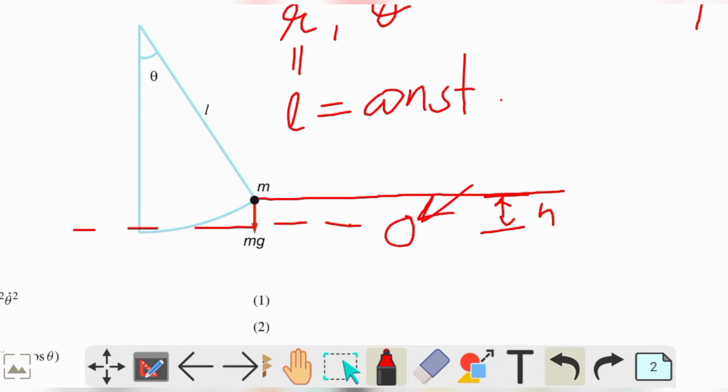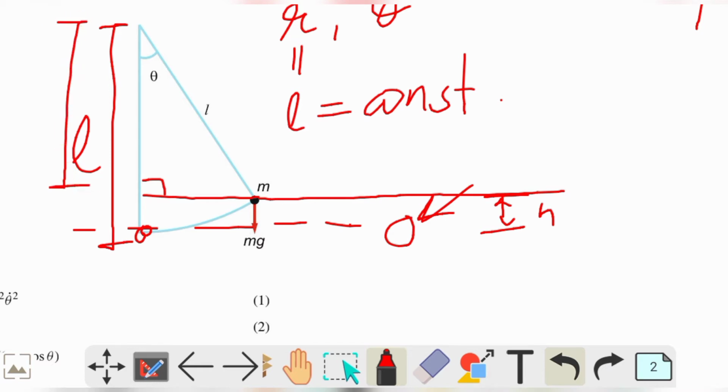This length is equal to L, and if this is perpendicular, this one is L cos theta.